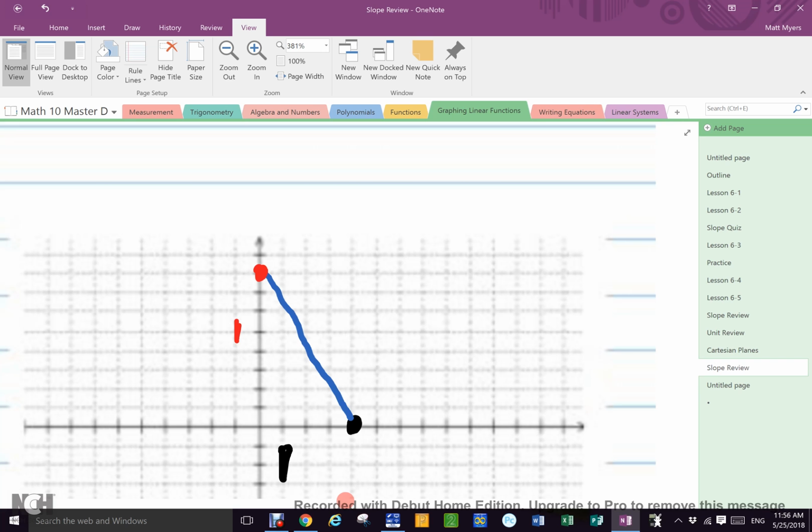How many of you wanted to go 1, 2, 3, 4, 5, 6, 7, 8 over 4? How many of you wanted to do that? Don't lie. I tried to multiply by 5. If you did that, your slope was 8 over 4, which equaled a slope of 2, yes? But I did not go up 8, did I?